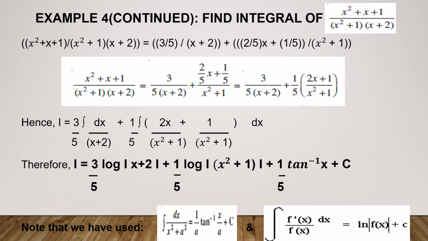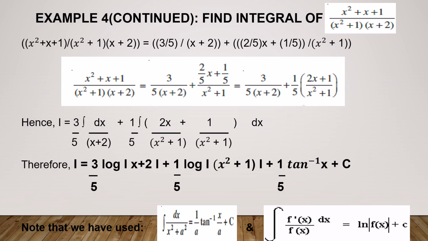Over here if I take fx as x square plus 1, what is f dash? Its derivative is 2x. So this second term is of the type f dash of x upon fx. So its integral will be ln, or log with the base e, mod fx. So the second term integral is 1 upon 5 log mod of x square plus 1.